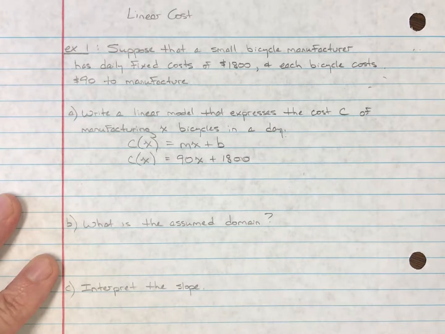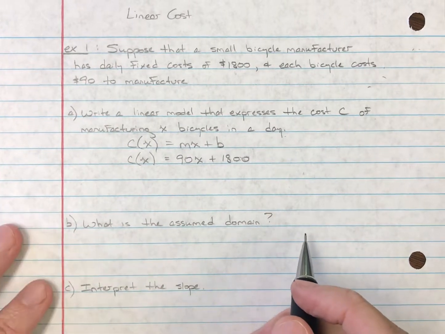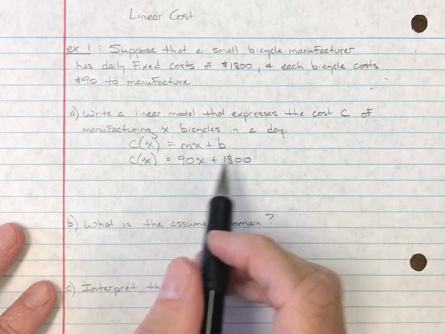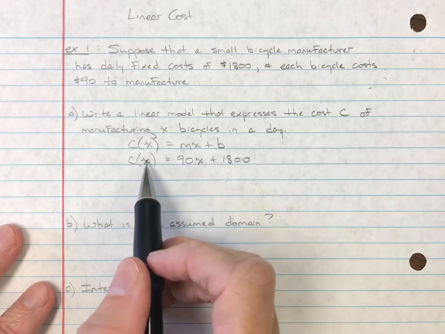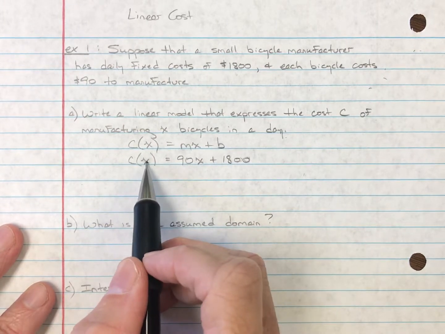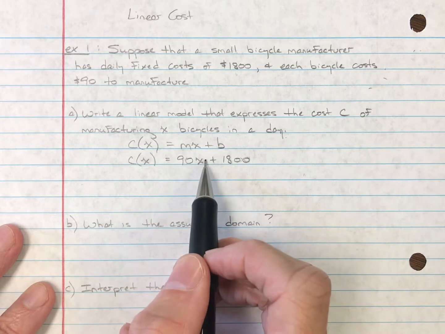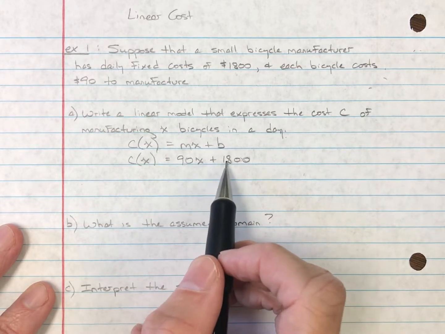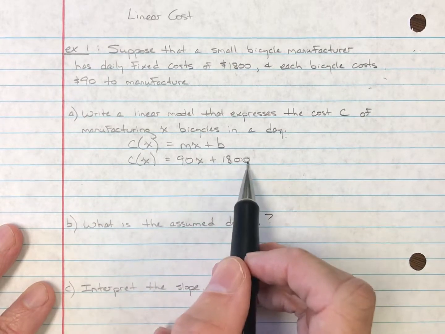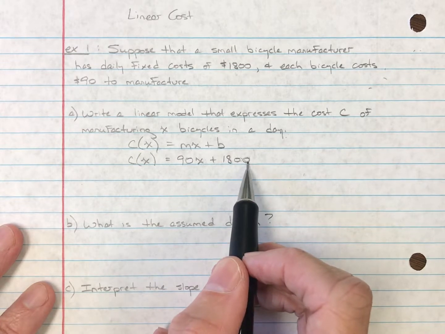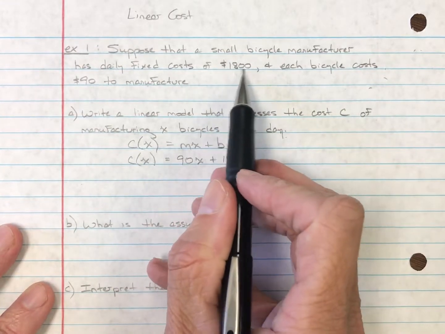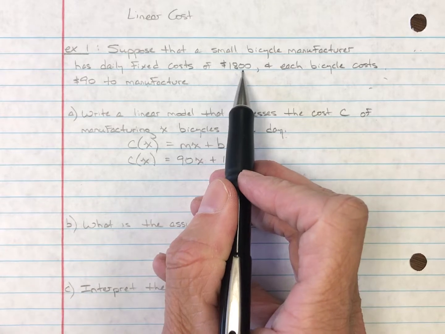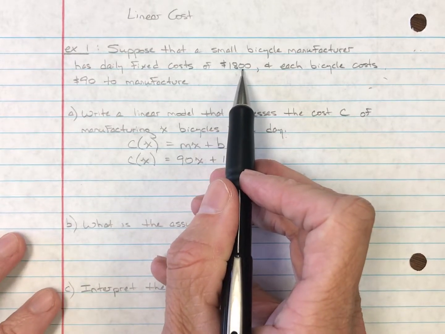Okay, so let's take a look at this, okay? If we manufacture no bicycles, the cost of 0 bicycles, what's it going to cost us? It's going to cost us $1,800 because no matter what, we have to pay for the building, the lights, etc., and our employees.